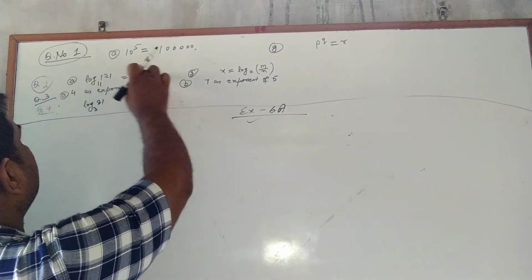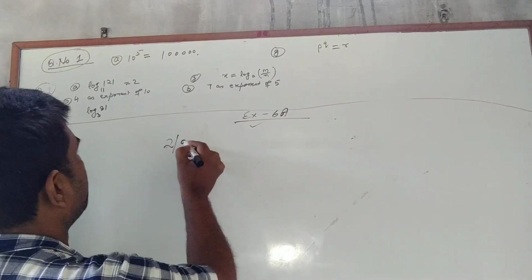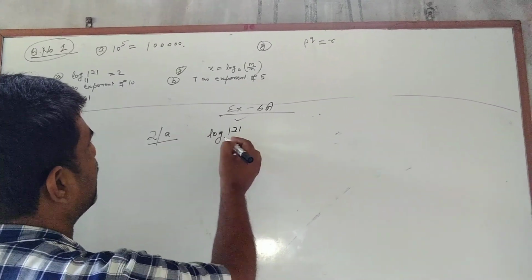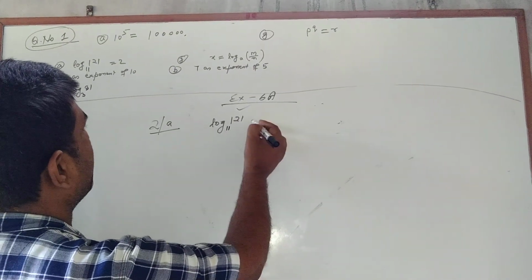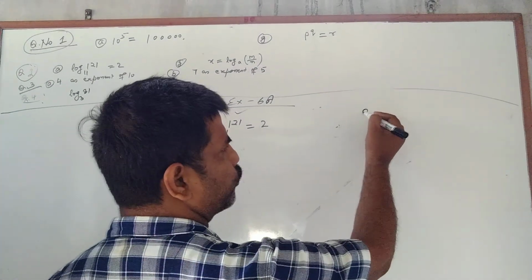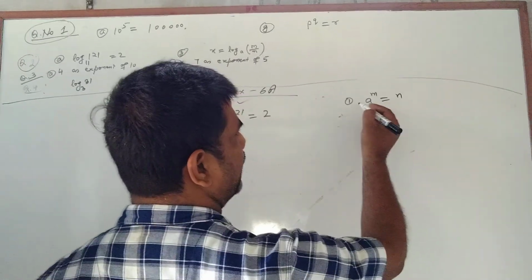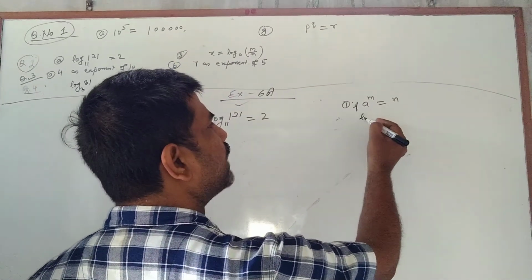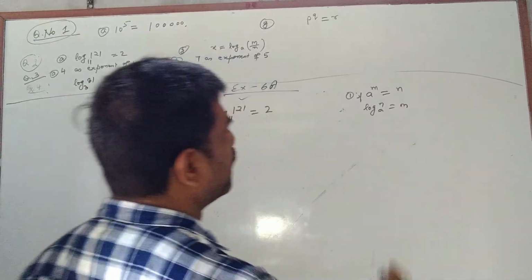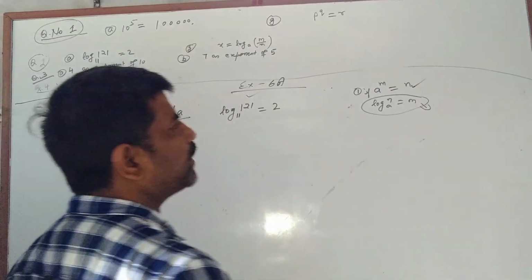Given, express it in exponential form. Question number 2, A part. Given log 121 base 11 equals 2. Again the same definition will be used: a to the power m equals n, then log n base a equals m. But here this part is given and we have to write it in exponential form.